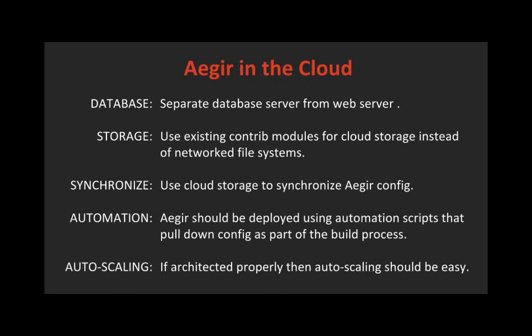The video that I'm going to show uses Chef to deploy Aegir from just base Ubuntu images. And those last 2 points, synchronization and automation, are the more challenging ones to accomplish, but if you're able to do it, you'll have a product that's auto scalable and ready to work in the cloud.